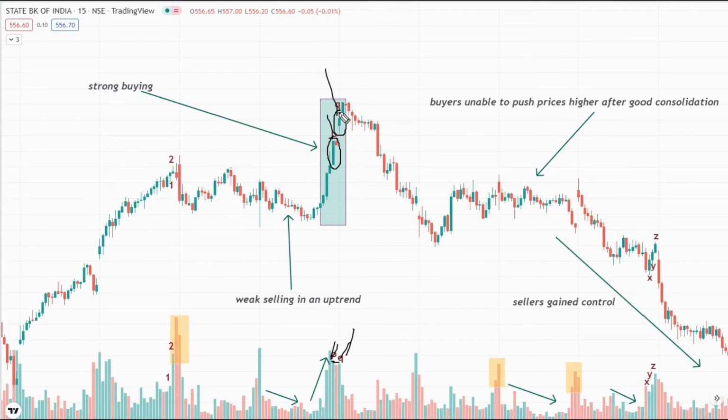So what is this indicating? That there is a price and volume divergence that is happening here. Remember, there is a price and volume divergence after a strong upward momentum. So this is very significant.